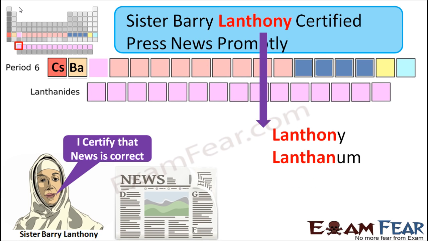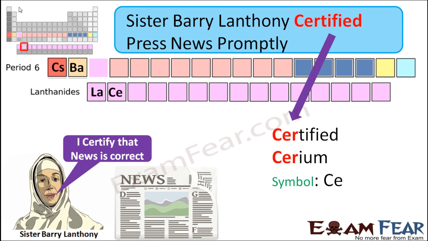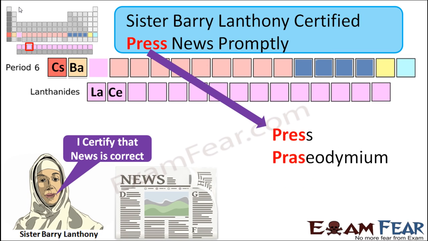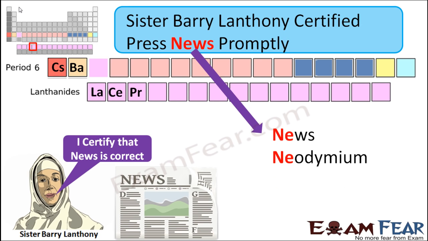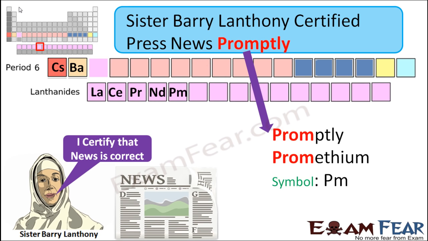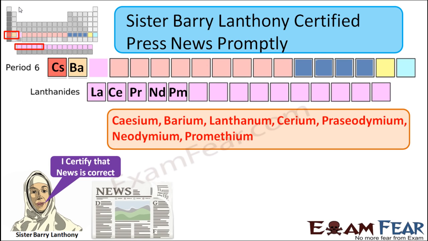Lanthony reminds of lanthanum. Certified for cerium. Press for praseodymium, news for neodymium, and promptly for promethium. So our final tip for this first few elements of period 6 would be Sister Barry Lanthony certified press news promptly.